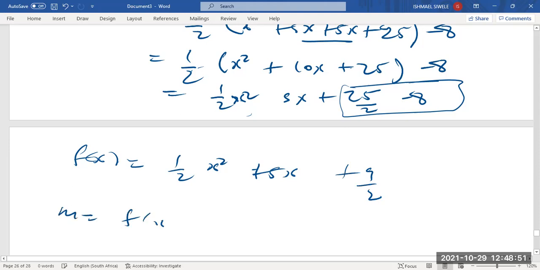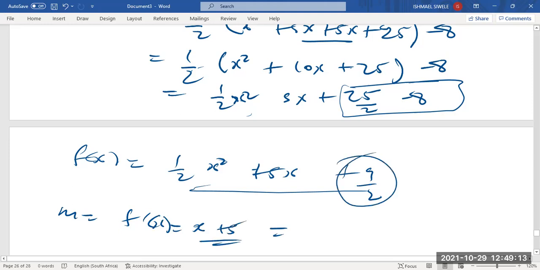Now in deriving, although we're not going to, we have to just finish it off. We know that the gradient of a tangent is equal to the first derivative of a parabola, right? So when you derive it, 2 multiplied by 1/2 is going to be 1, which is going to be x, and then 0, so this one here is x plus 5. And we already know the gradient of the tangent from the equation we're given, g of x equal to 2x.